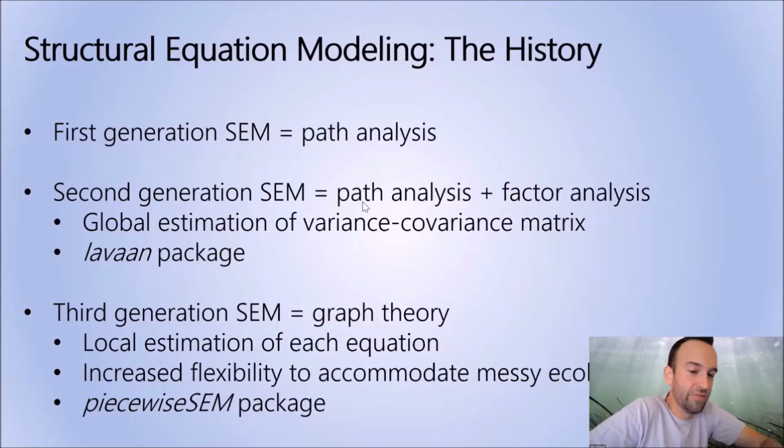The major departure from this third generation of SEM is that instead of estimating this single global matrix that includes all the variables at once, it actually estimates each equation individually.